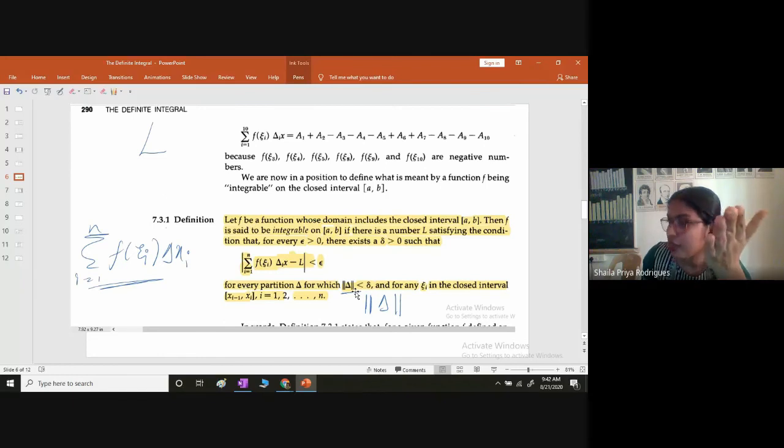As the norm becomes very close to 0, that sum here, the approximate sum, is called the Riemann sum. The difference between that sum and L, a number that you've chosen, which is very close to that sum no matter which partition you take, becomes less than epsilon, meaning this difference becomes almost 0.